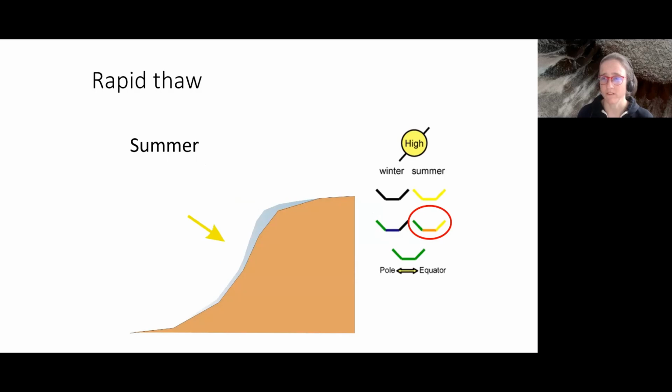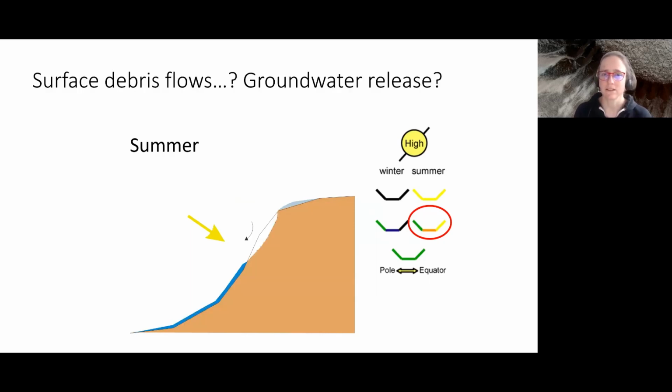So they go from being very, very cold to being very, very hot very quickly. This is the most conducive condition to produce melt. And so surface melting can produce debris flows, but this also could be an explanation for groundwater release, because if your groundwater reservoir is plugged by ice, then this would be the time period when you'd expect the water to be released from those aquifers as well.